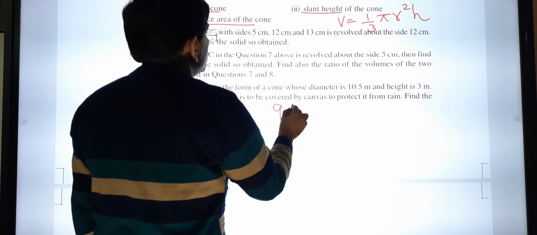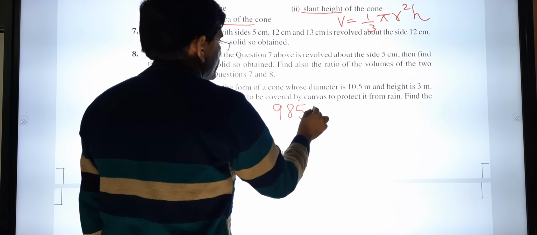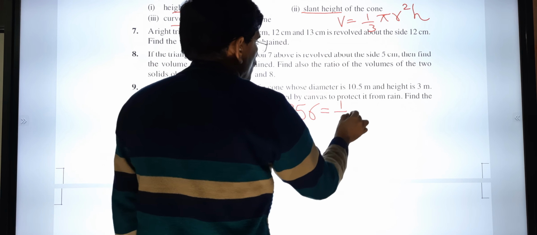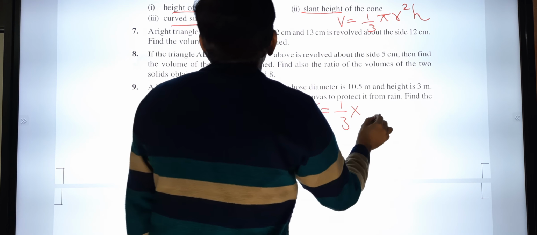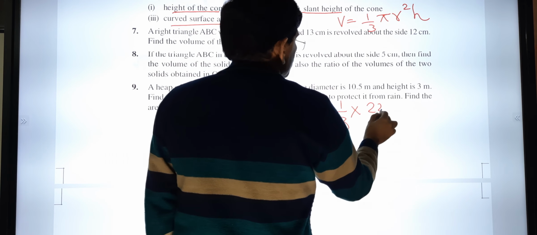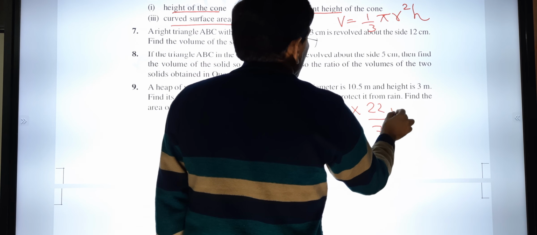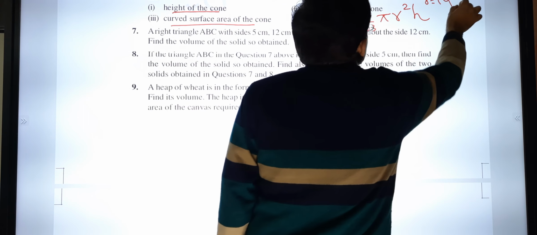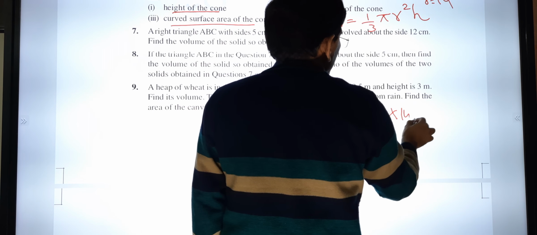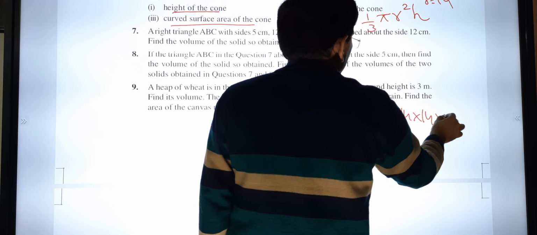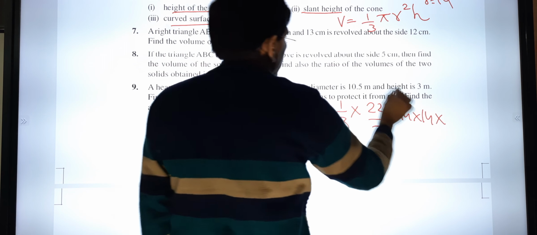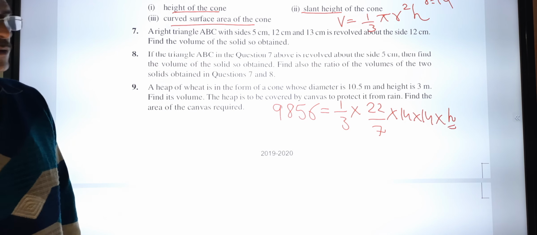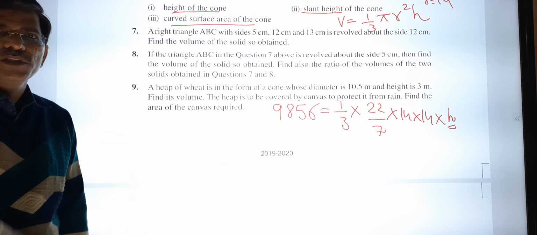So 9856 is equal to 1 by 3, value of pi 22 by 7, r square, that is radius is equal to 14, so 14 into 14, into h. Height h is what we have to find out. Now try to do the cancellation yourself and give me the answer of height.